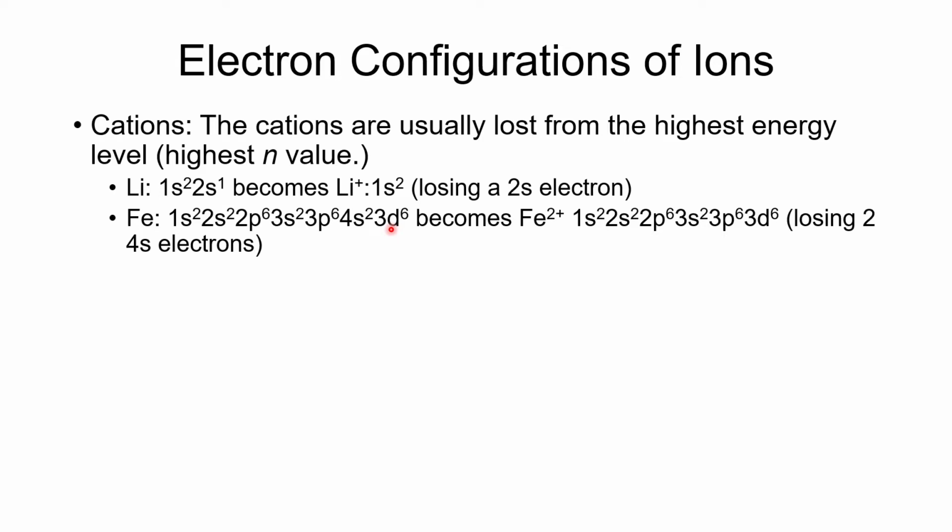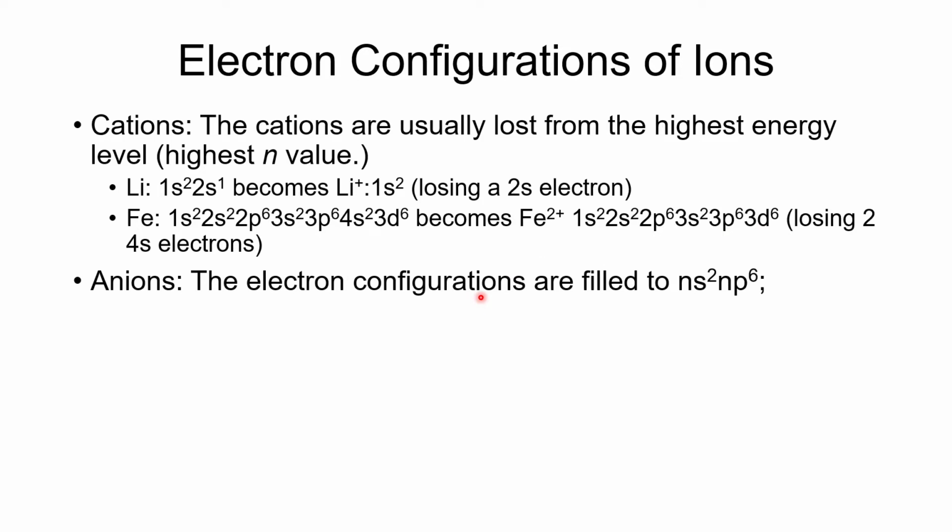Even though we filled in the 3d subshell last, we're actually going to remove the electrons from the 4s level. So when we remove 2 electrons, we lose 2 electrons from the 4s subshell, and we get for Fe2+: 1s2, 2s2, 2p6, 3s2, 3p6, 3d6.